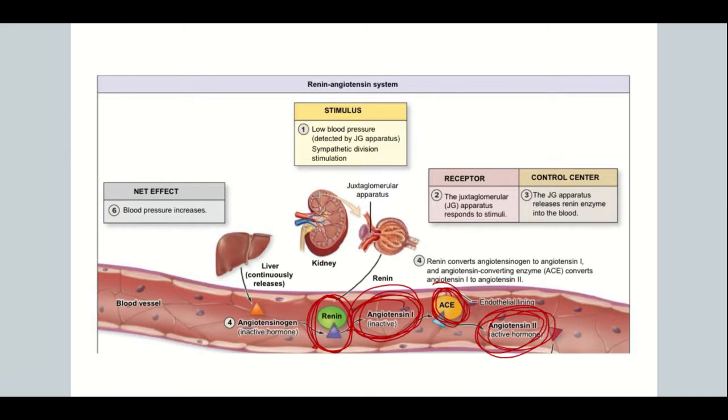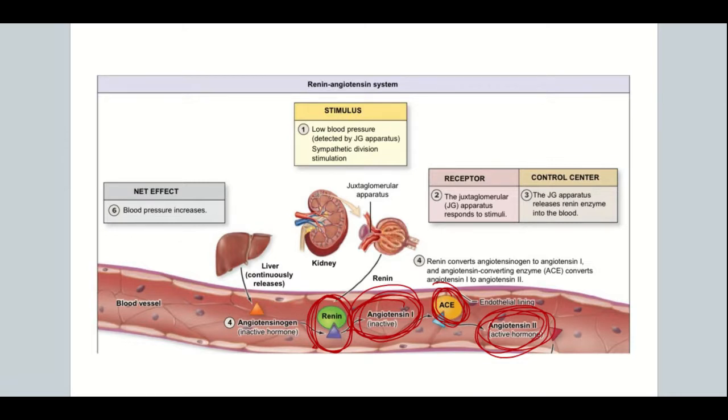It also stimulates the thirst center. So angiotensin 2 decreases urine output, increases ADH and aldosterone, activates the thirst center, and causes vasoconstriction. Those are the things that angiotensin 2 does.